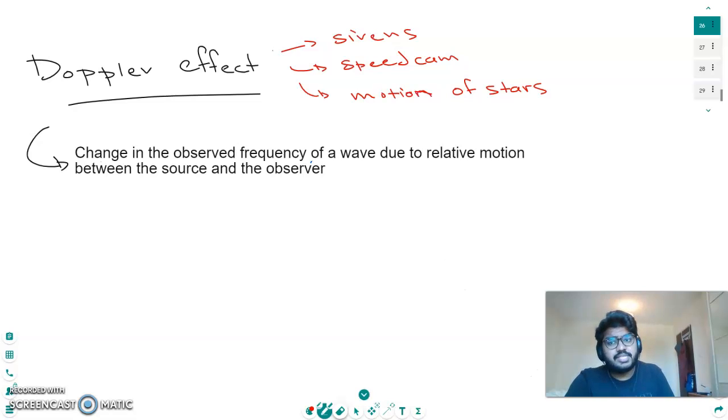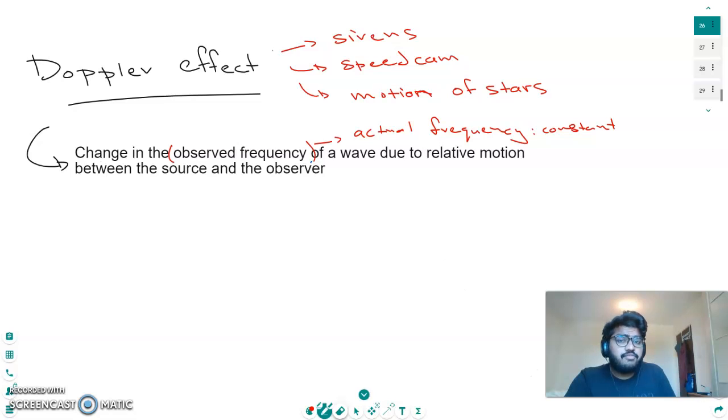And I've already written down the definition of the Doppler effect for you, whereby it is the change in the observed frequency of a wave due to relative motion between the source and the observer. Now what this means is that when you look at the word observed frequency, this means that the actual frequency is actually constant.